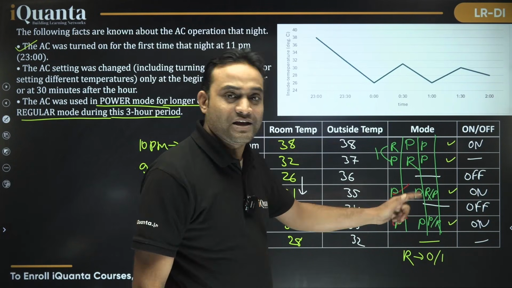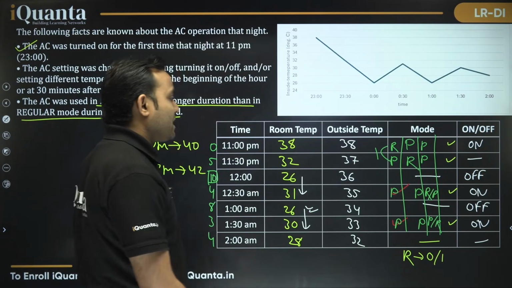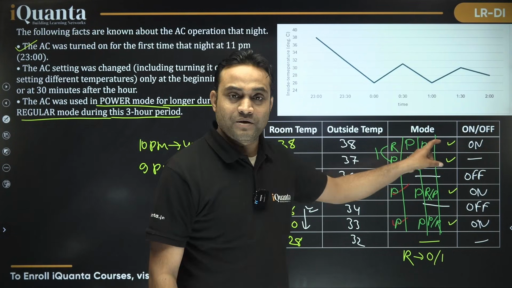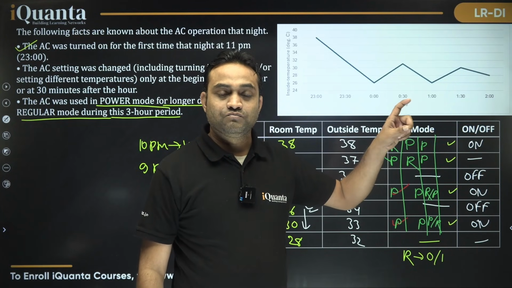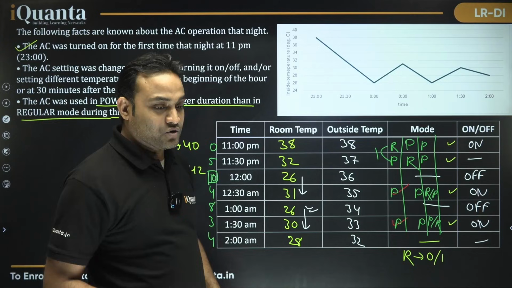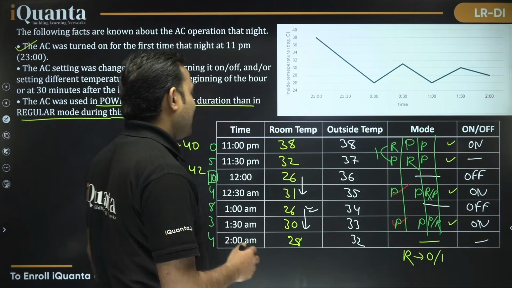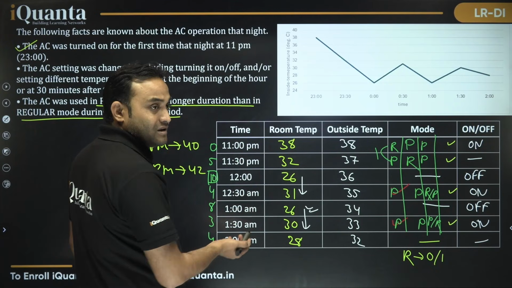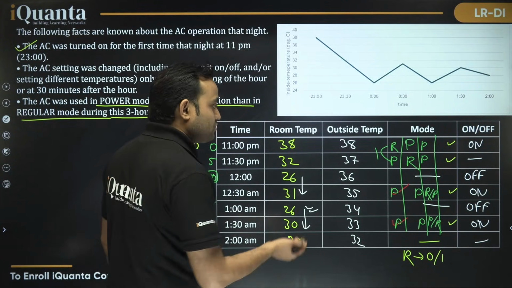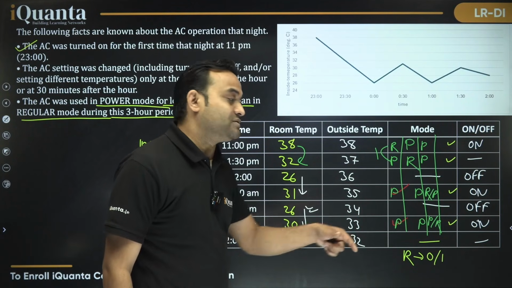Two are there here, that is clear. Power to power, now think about this. What happened here? If both of these slots are on power mode, we know that in power mode, you achieve the desired temperature in only 30 minutes. That means at 11 p.m., the temperature was set for 32 degrees Celsius in power mode, which was achieved at 11:30.